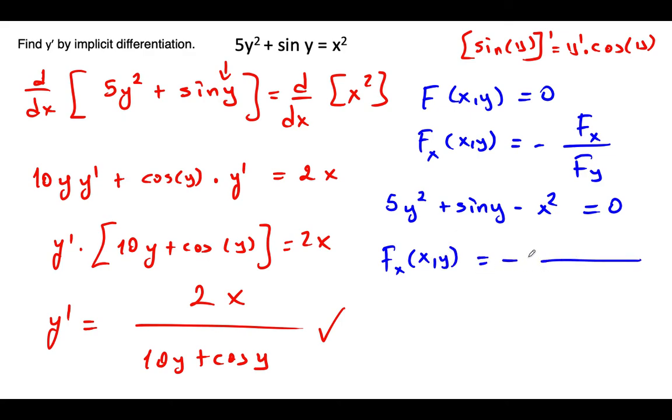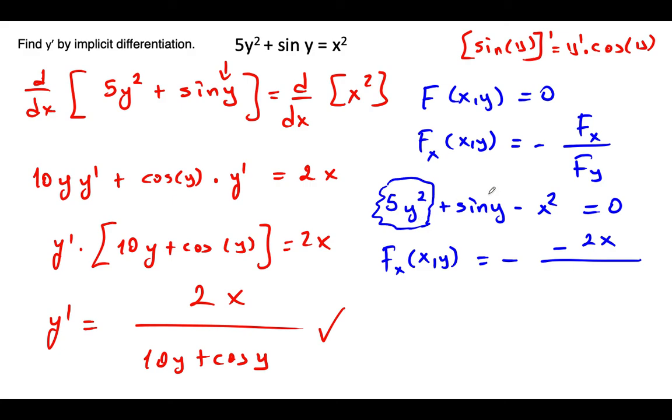Negative comes from the formula. So everything different than x will be constant. So this part now will be constant for the numerator, so it will be 0. Sine of y, it will be 0. So negative x squared. So x squared derivative is 2x.